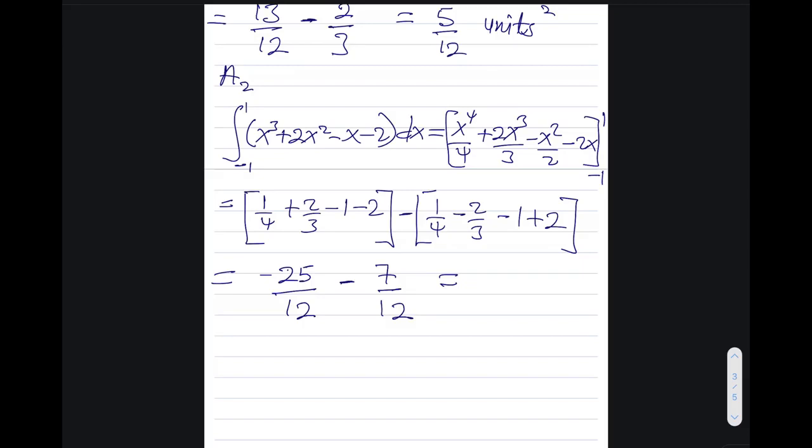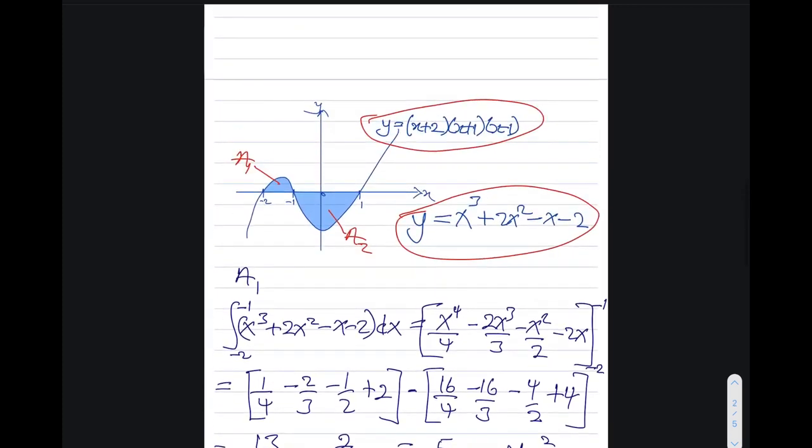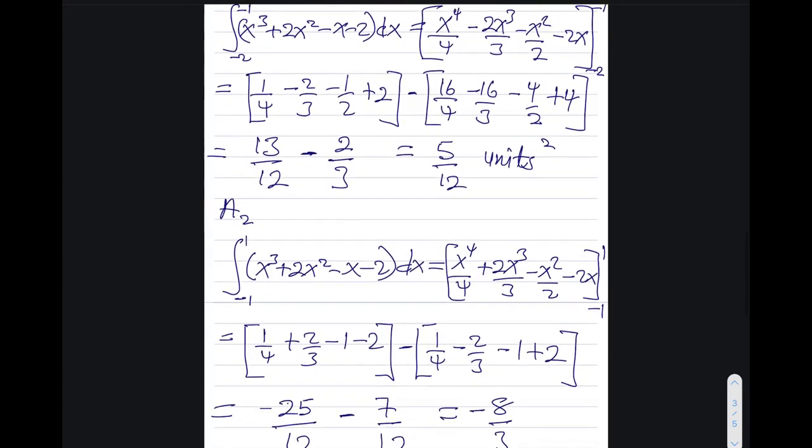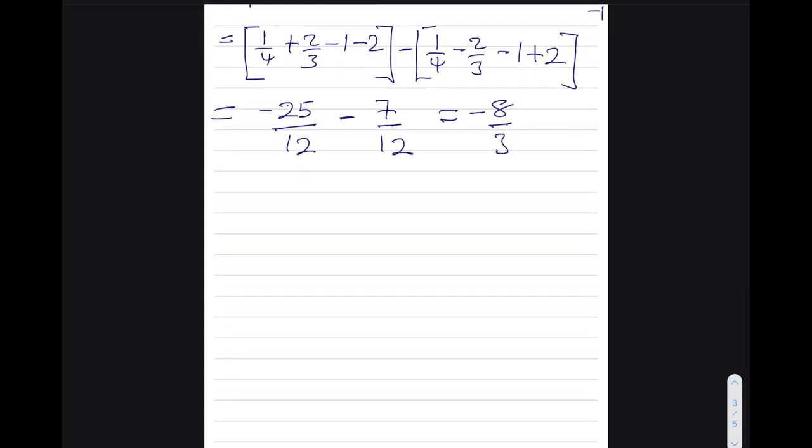So this would mean that our final answer is negative 8 over 3 for A2. We expected a negative value because A2 is below the x-axis. But like I said, we are not going to use the negative value. So we can say that A2 is actually 8 over 3.